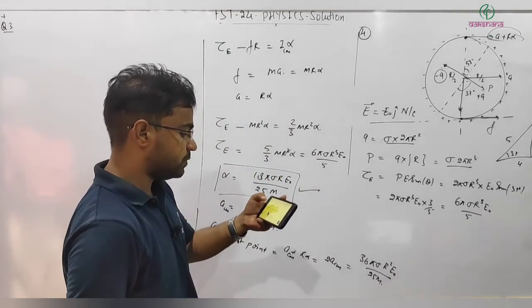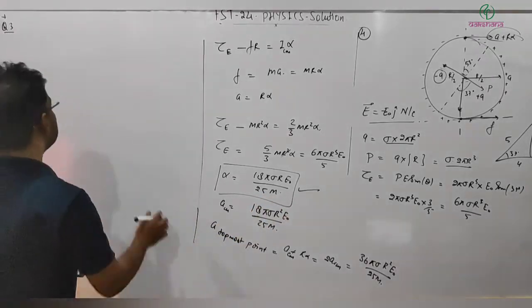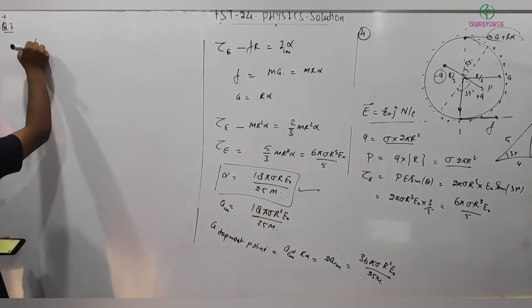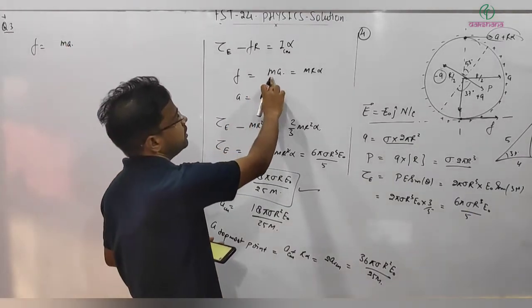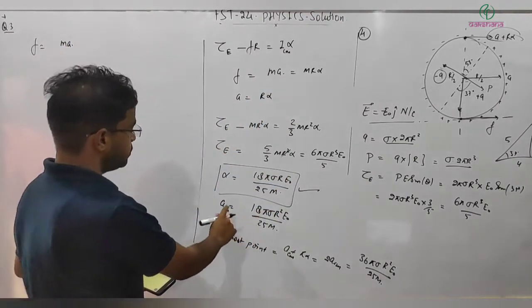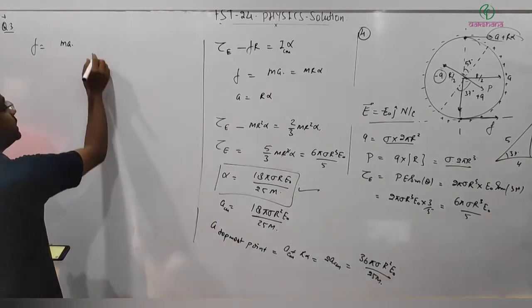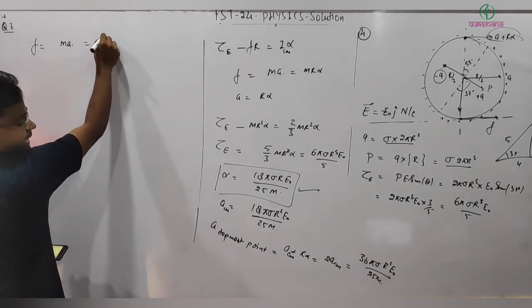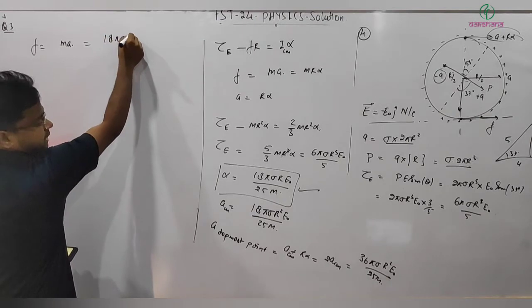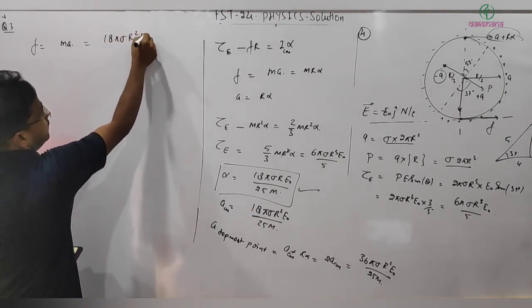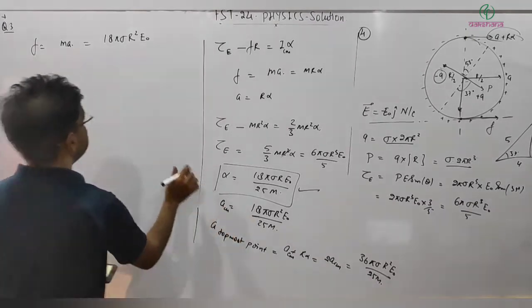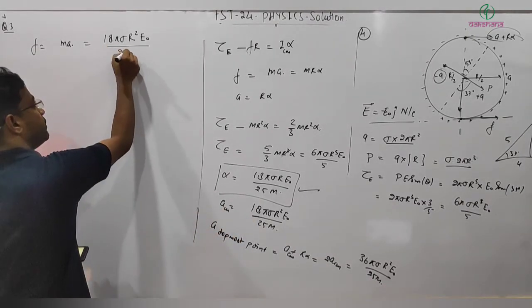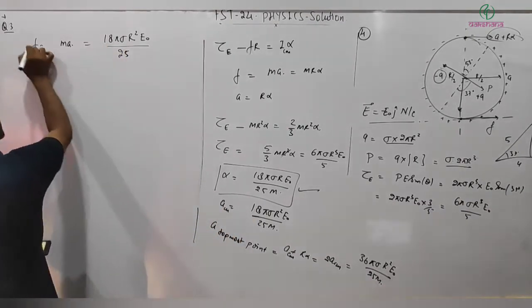Magnitude of frictional force at t equal to 0. The magnitude of frictional force is M into A, and we already have m and the acceleration, so it is 18 pi sigma R squared E naught divided by 25 m multiplied by m, and m gets cancelled.